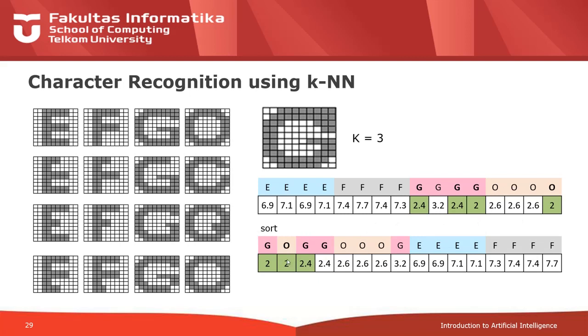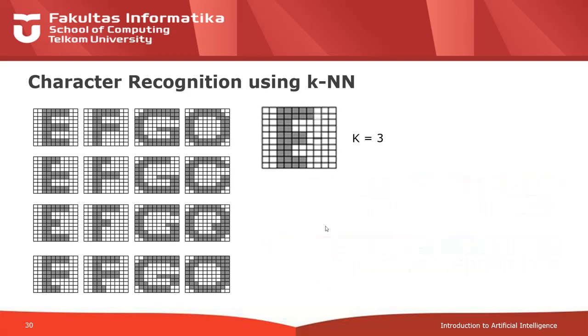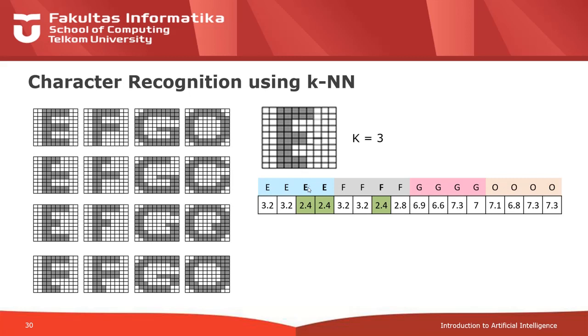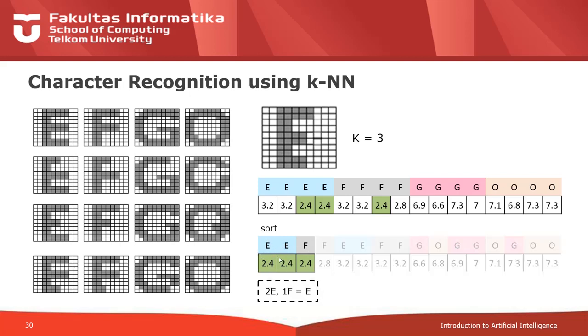So we sort it like this, and then based on the 3 smallest distances, we vote, and G has 2 votes, so G wins. 2G and 1O, so the result will be G. Another example, we have this one, and then the result is like this, and then we do the sorting. So we have E, and then F. So by voting, because we have two E's and only one F, the result will be E.